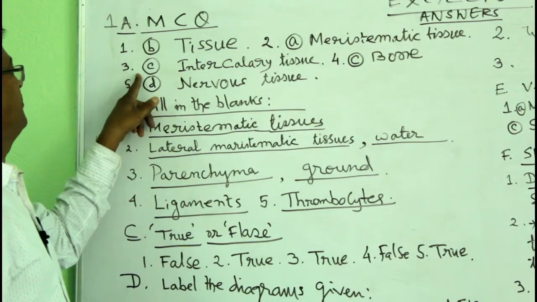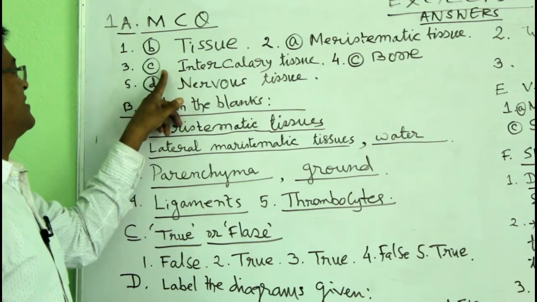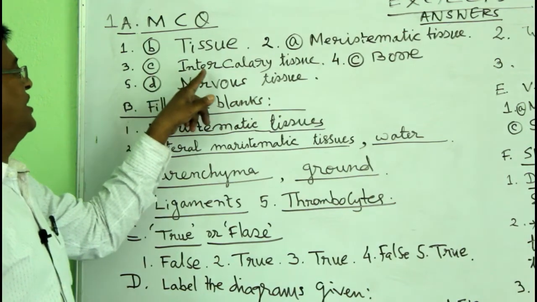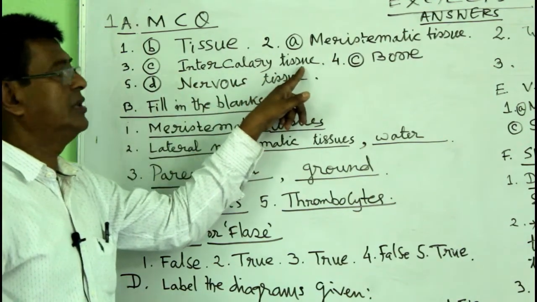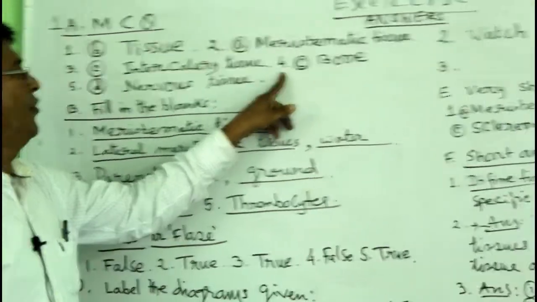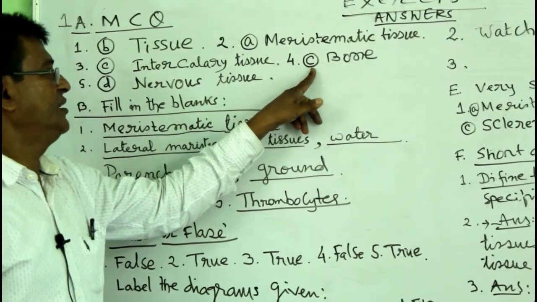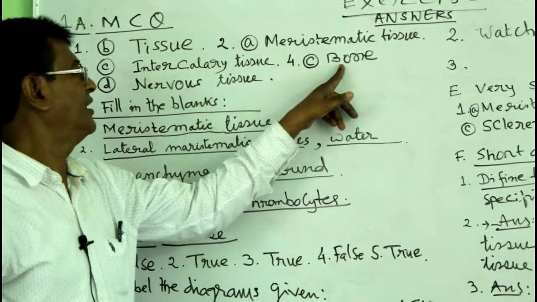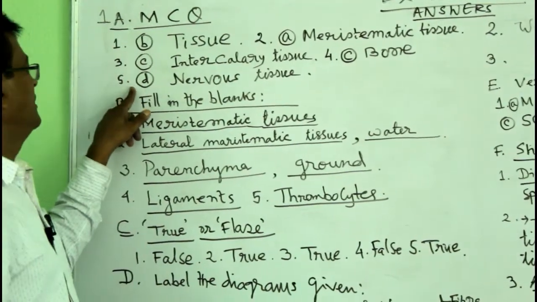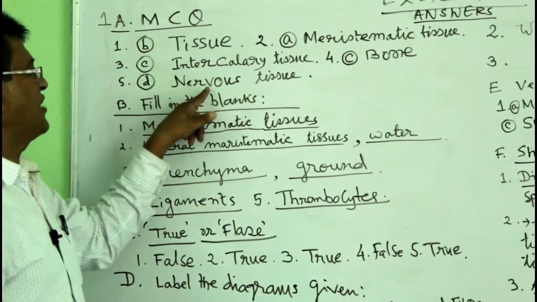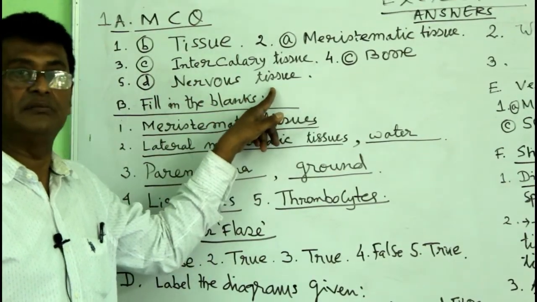Now, number 3, the answer is option C, intercalary tissue. And for number 4, option C, bone is the answer. And for number 5, option D, nervous tissue is the answer.